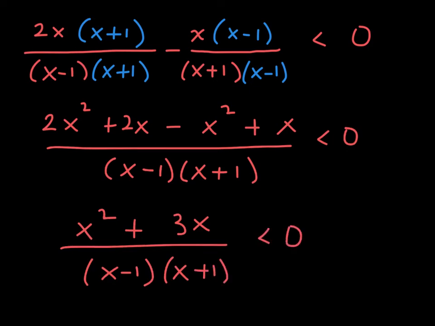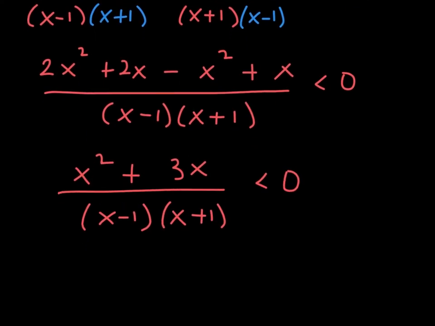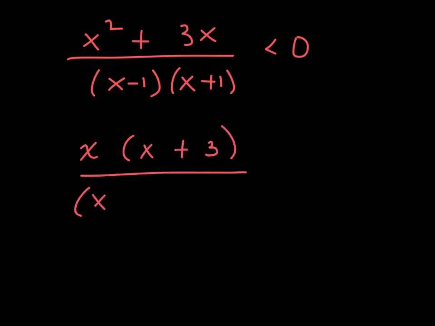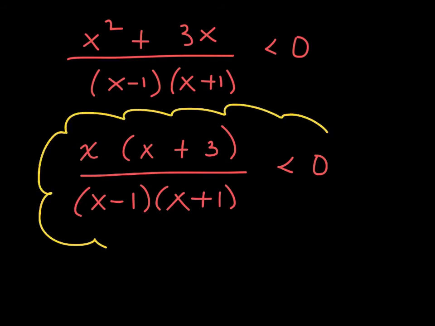Okay, I'm going to go a step further here, and I am going to factor the numerator all the way. So this is x times x plus 3 over x minus 1 times x plus 1, strictly less than 0. All right, everybody, this is what you and I wanted. Listen carefully.